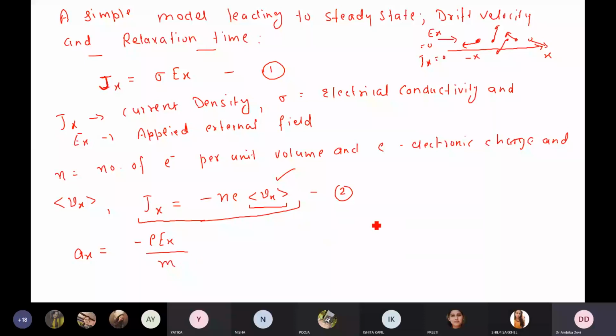Because force is equal to ma, and the electron will experience a force due to the applied external field, which is equal to minus eEx. So Ax is equal to minus eEx divided by m, and thus the velocity will continue to increase with time.